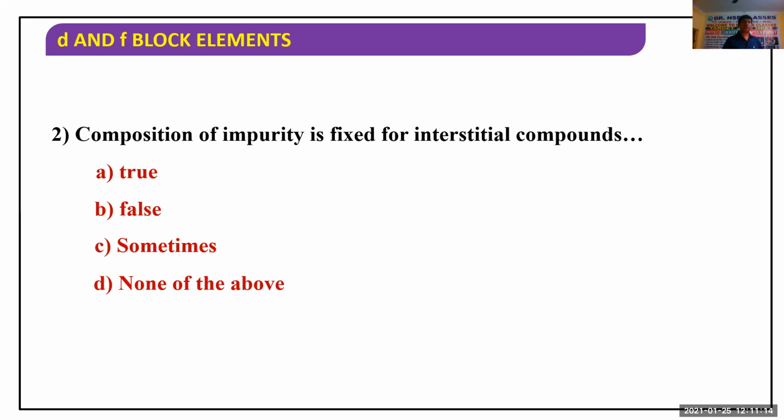True, false, sometimes. That is false, because this is not fixed, because there are so many positions there. Some positions can be filled up by the foreign element, some may remain vacant.